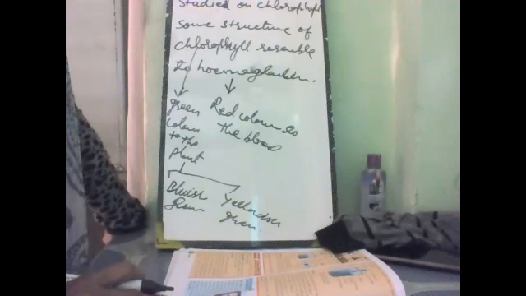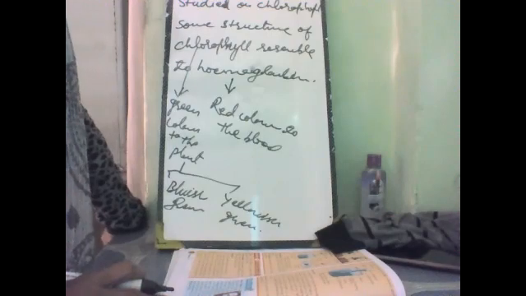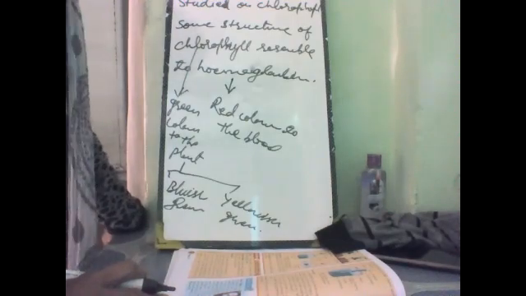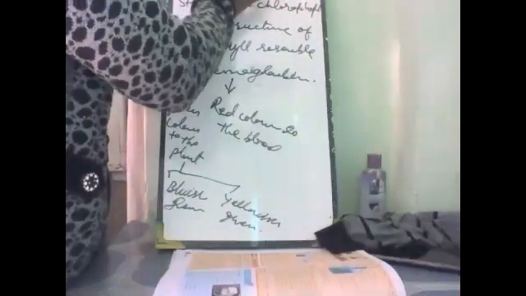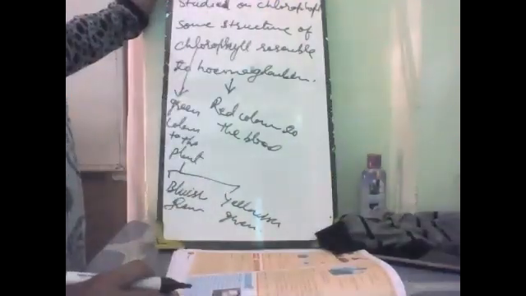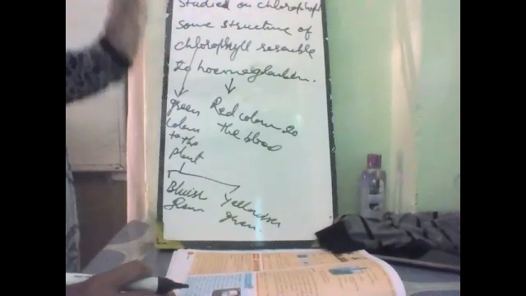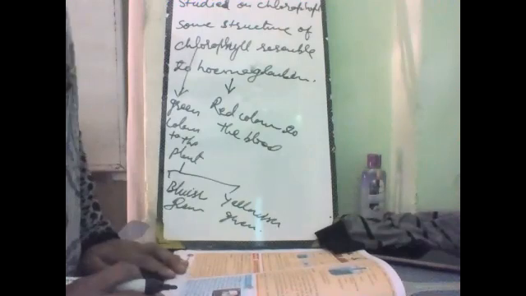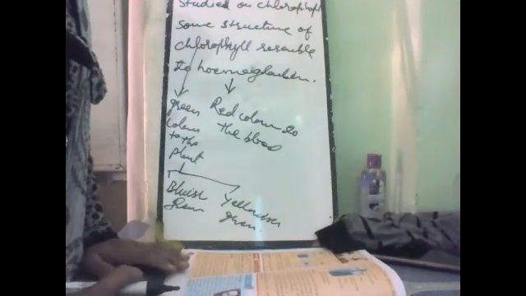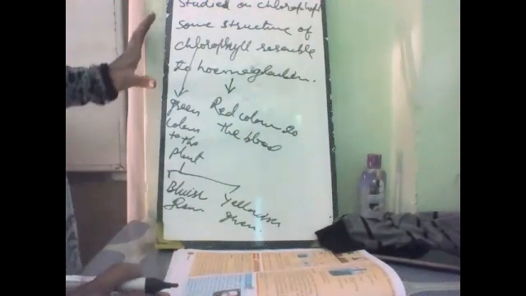Due to this great achievement on chlorophyll, he was awarded the Nobel Prize in 1915. The name of the scientist is Richard Willstater.